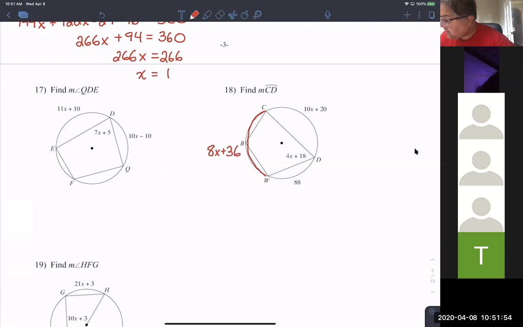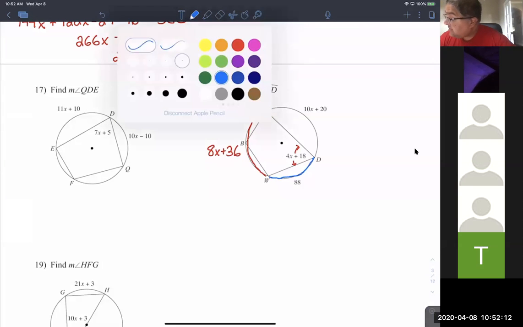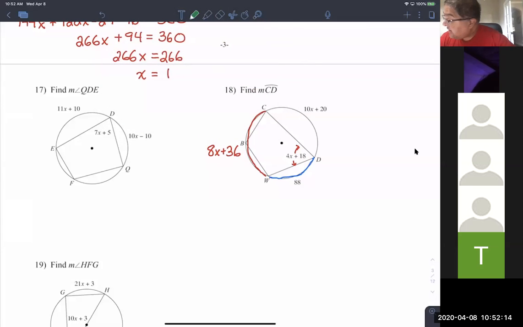Everyone on the same page is how we got 8x plus 36, okay? So this angle is 4x plus 18, so if we double it, we get 8x plus 36. If that portion is 8x plus 36, this portion is 88, and the rest of it is 10x plus 20.